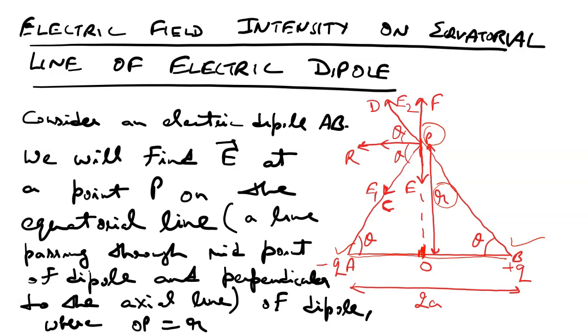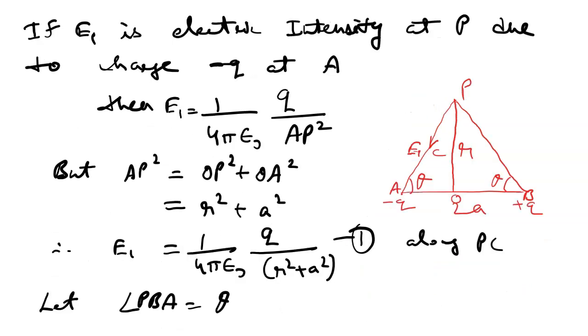If E1 is the electric intensity at P due to charge minus q at A, then E1 equals 1 by 4 pi epsilon naught q upon AP square.